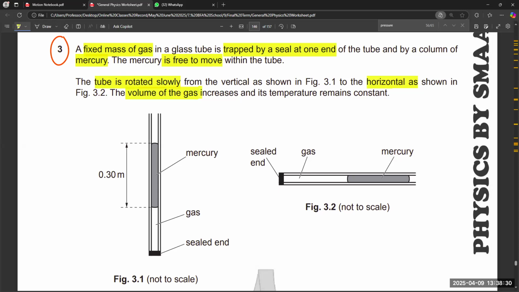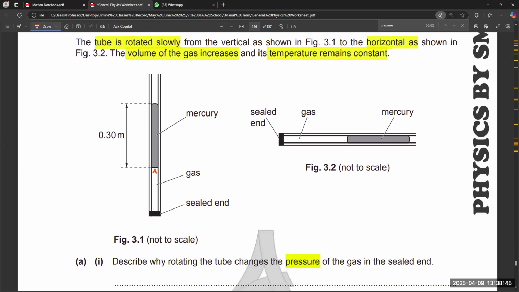The volume of gas increases and temperature remains constant. So initially we can see that this is the volume inside, and after that this is the volume inside. So volume increases.